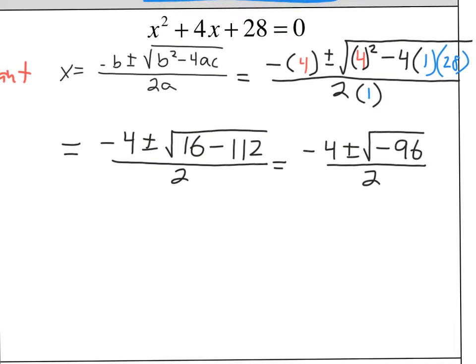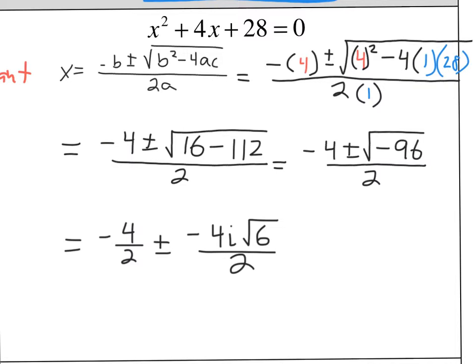I'm going to do 2 things right now. I'm going to split this into 2 fractions. At the same time, I'm going to simplify this radical, negative 96. So in doing that, I get negative 4 over 2 plus or minus 4i radical 6 all over 2.